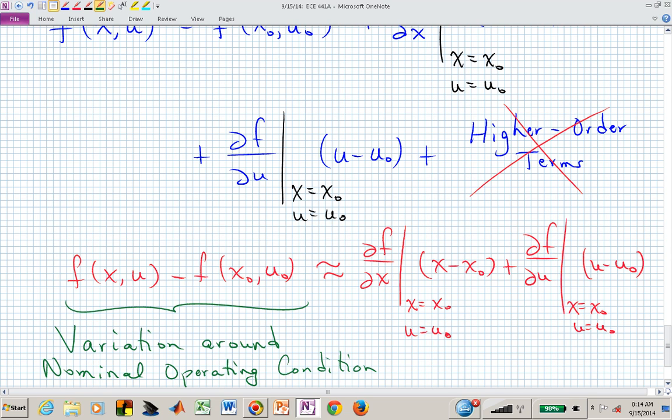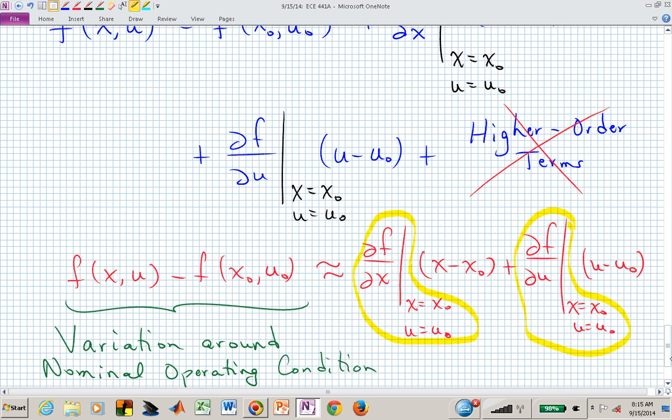And if you look at it, these particular pieces right here, when evaluated at the nominal location, just become constants. And now we have some variation around our nominal point equaling a number times delta x plus a number times delta u. And now that delta x and delta u give us the behavior that we're interested in.